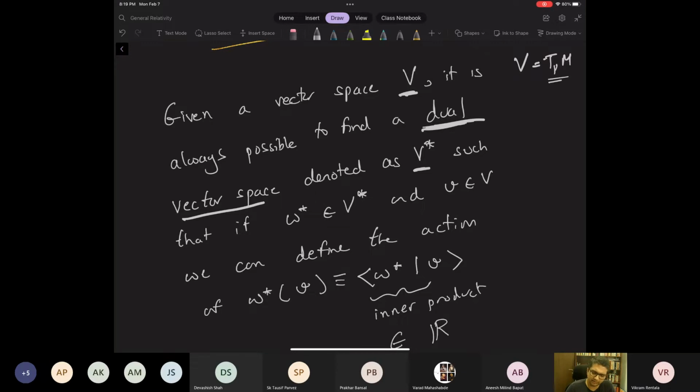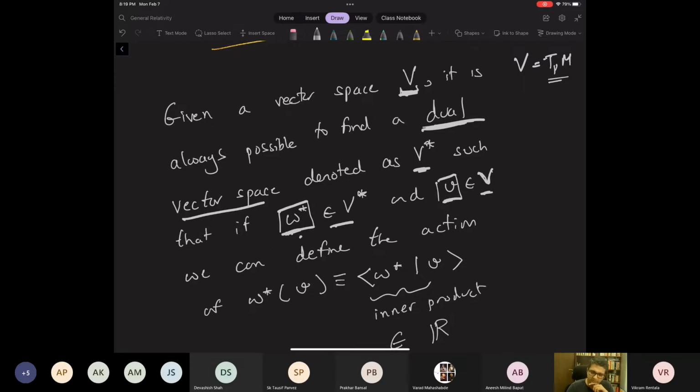Now you can find this dual vector space such that if you take a vector which we'll denote as W star, which belongs to this dual vector space V star, and a vector V which belongs to the original vector space V, then you can define an action of the dual vector on the original vector.